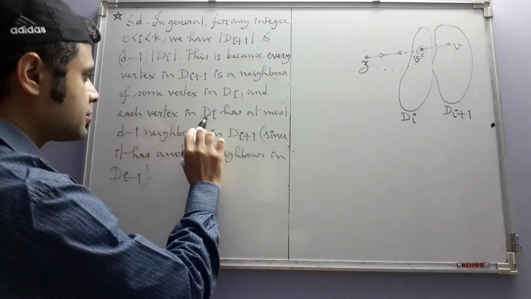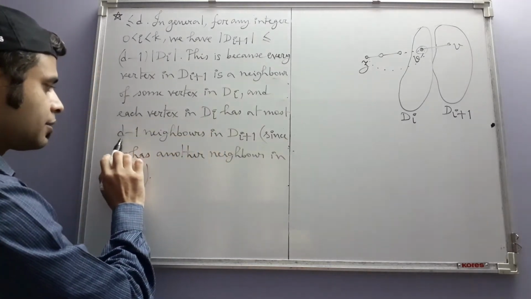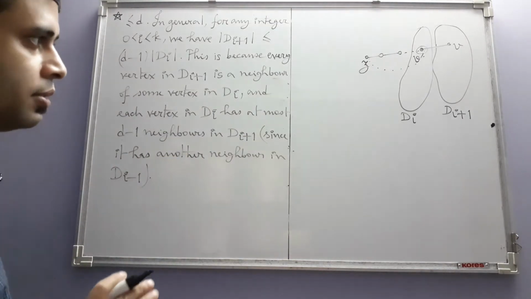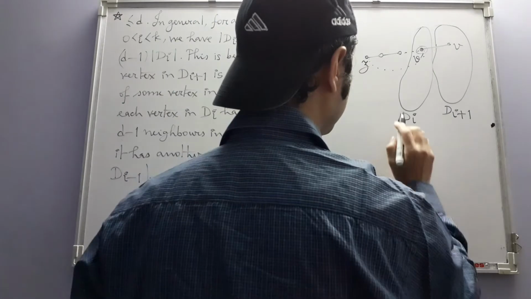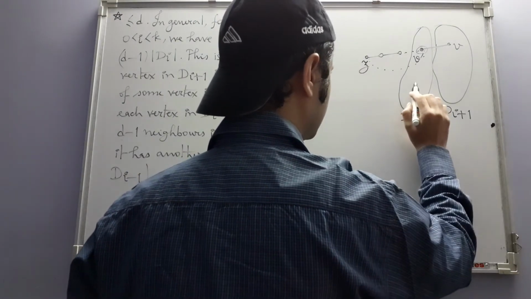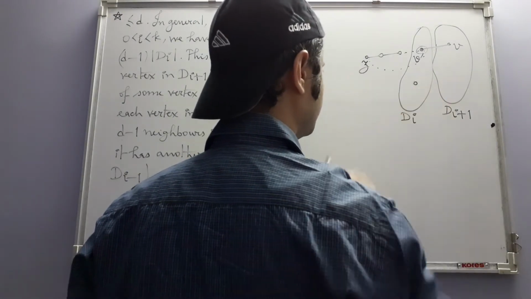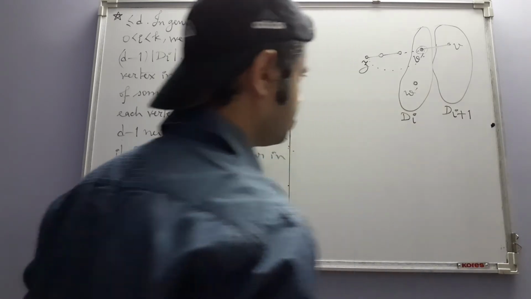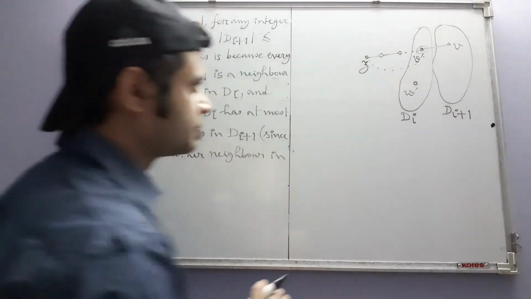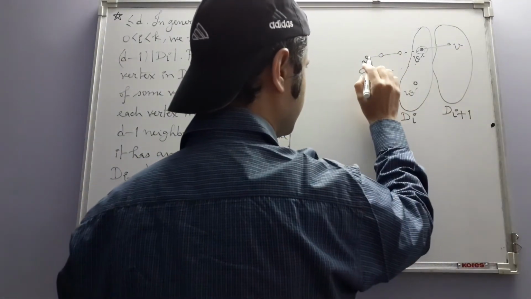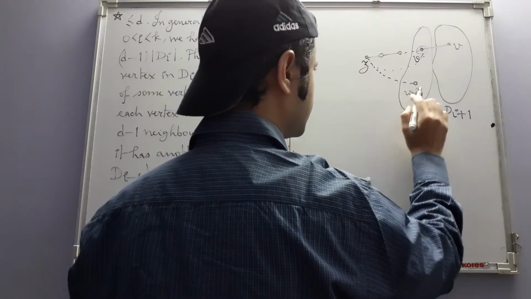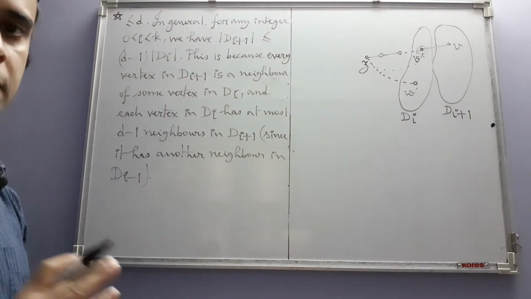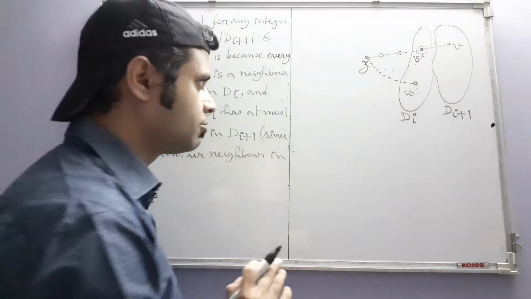And each vertex in D_i has at most d minus 1 neighbors in D_{i+1}. To understand that, think like this. You have a vertex w prime in D_i. It has some neighbors and it also is at a distance i from Z. The distance between Z and w prime is equal to i.